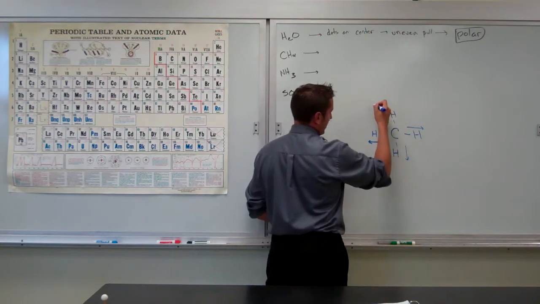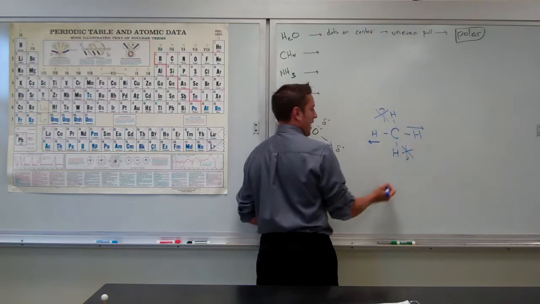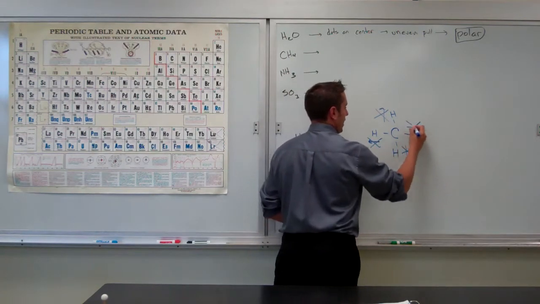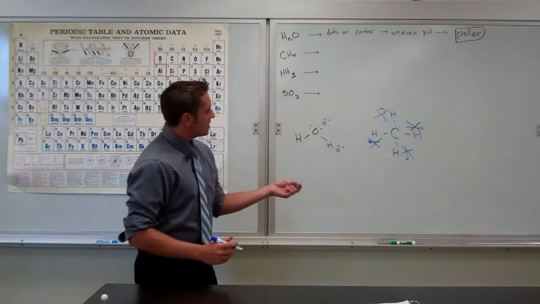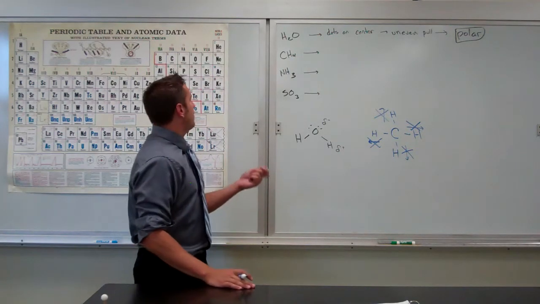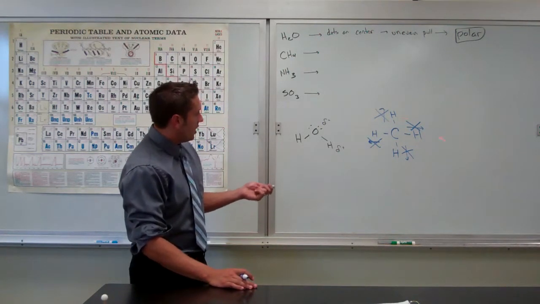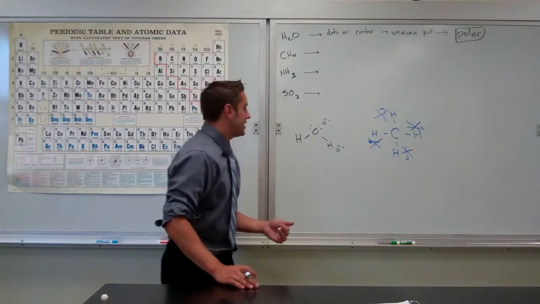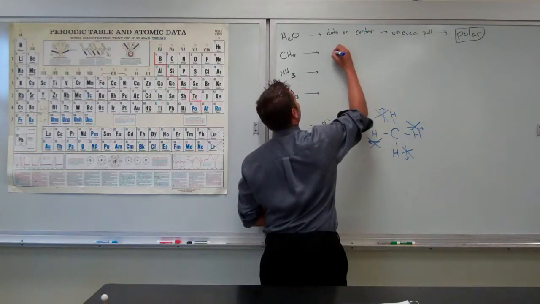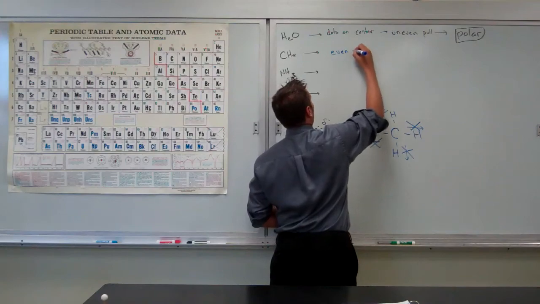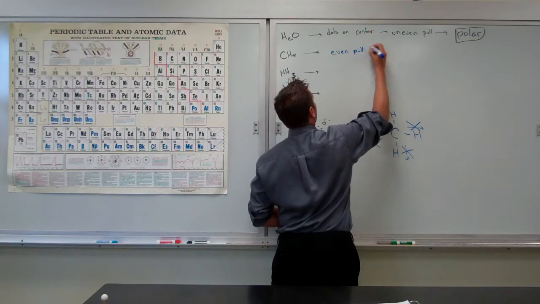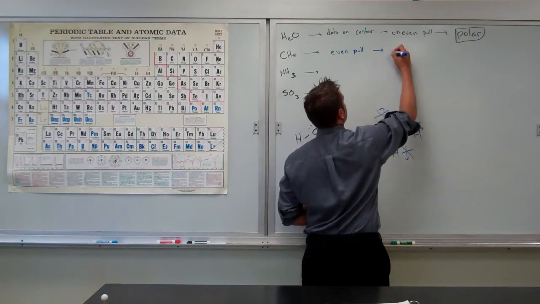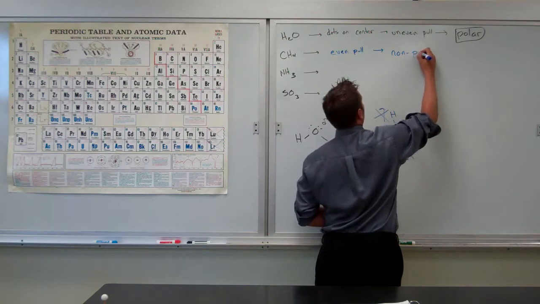And what happens is this one and this one cancel, and this one and this one cancel because they're all H's. Right? And because they're all H's, they have the same electronegativity. This has an even pull on the center, which makes it non-polar.